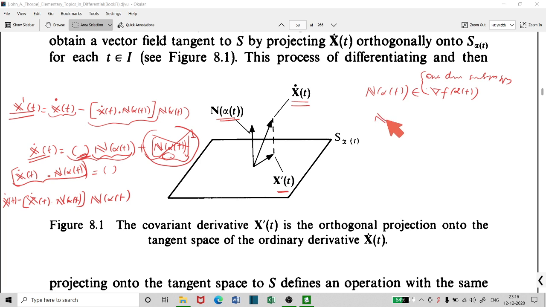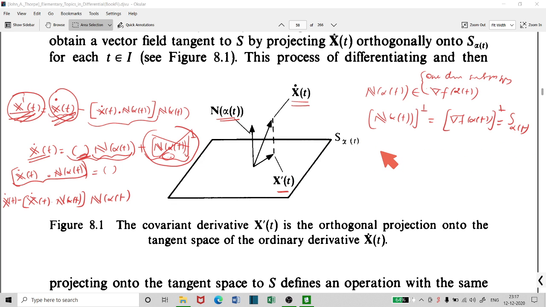So n of alpha of t whole perpendicular is the same as del f of alpha of t whole perpendicular. So this is nothing but S alpha of t, the tangential space at alpha of t. Therefore, X dot t minus this quantity will give the component of X dot t along the tangential direction, along the tangent at alpha of t. So then we can say that this X prime of t is again tangential at alpha of t.